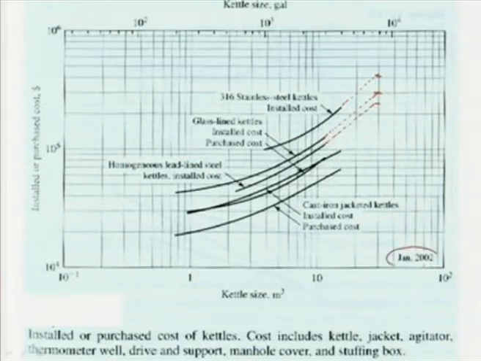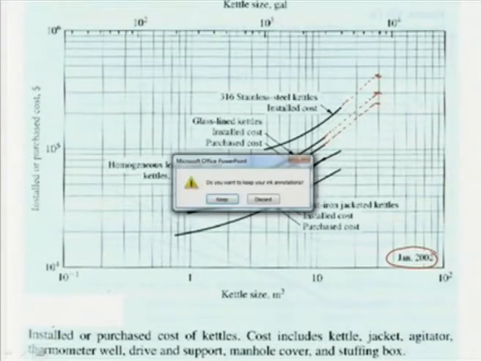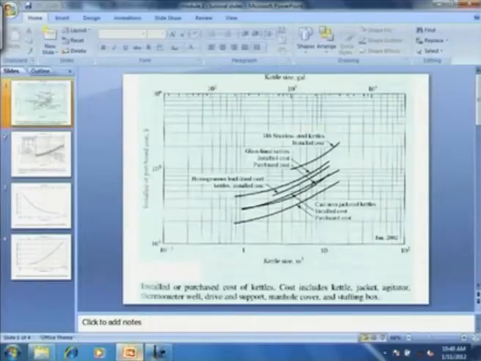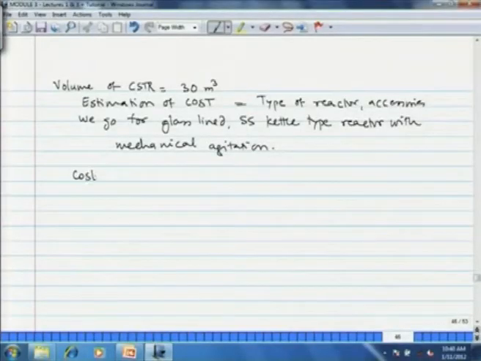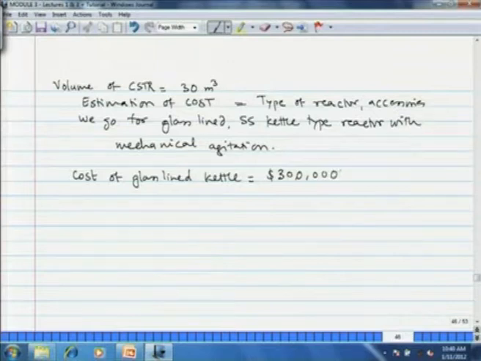Remember again, this is the cost correlation made in January 2002. We have to update the cost information. Cost of glass lined kettle is $300,000, installed cost.